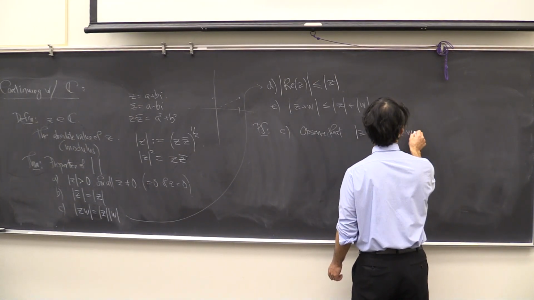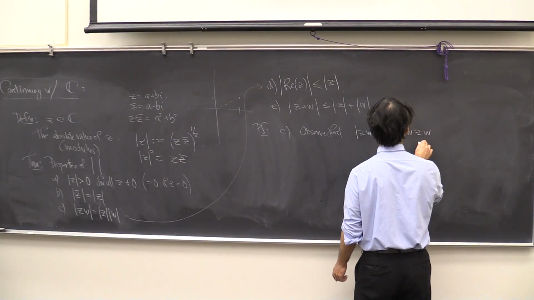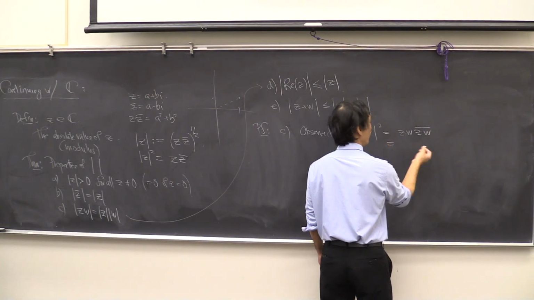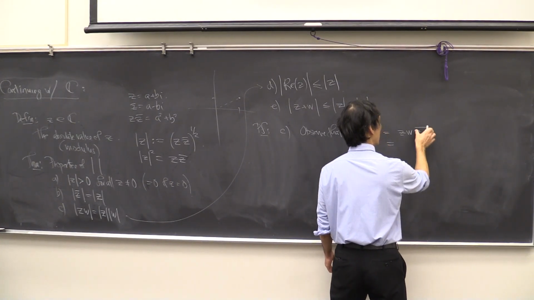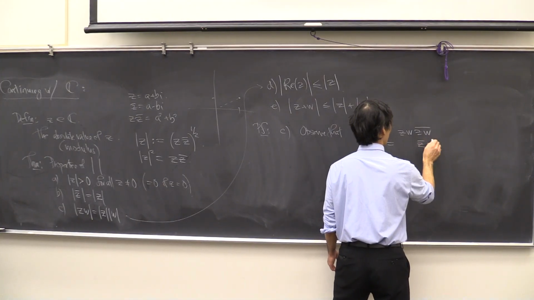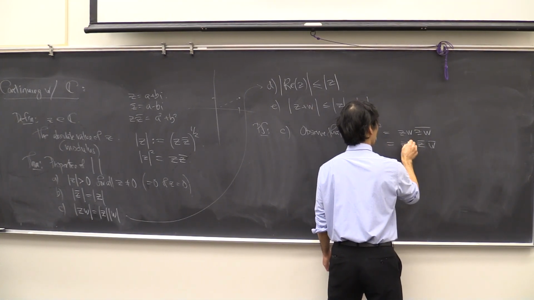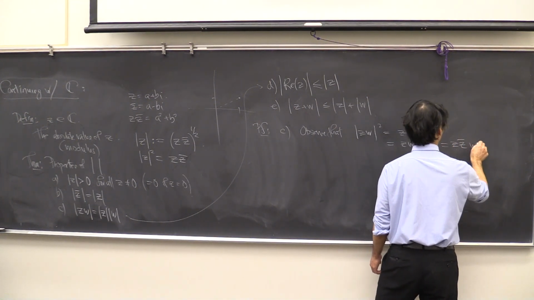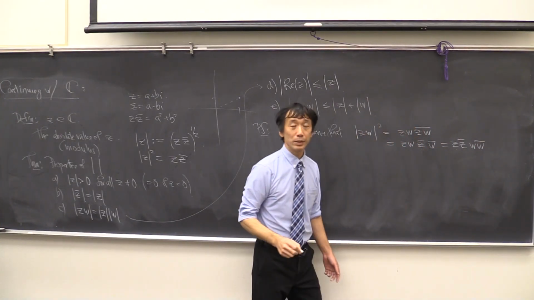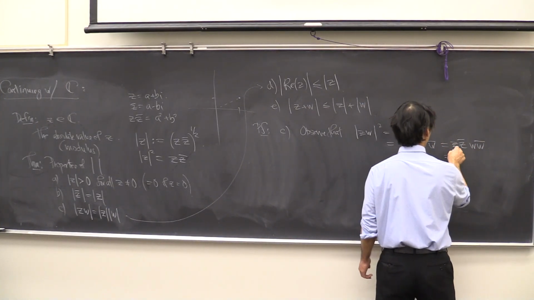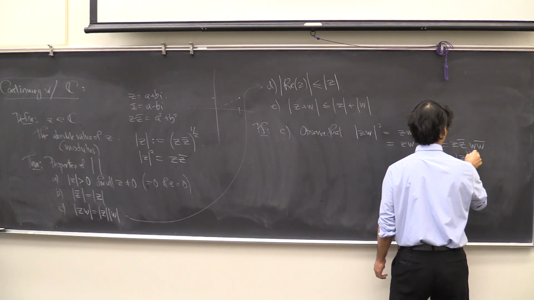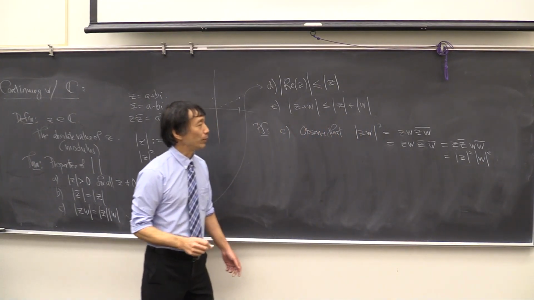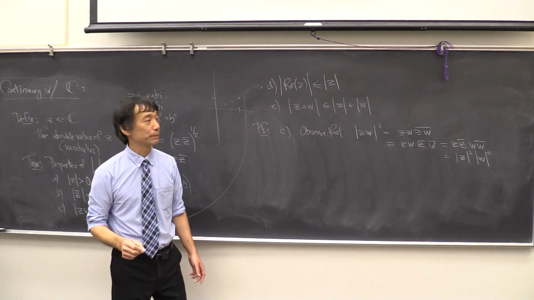So this is just this guy against its conjugate. But as we mentioned last time, the conjugate of a product is the same thing as the product of the conjugates, right? And you can, of course, reorder this and then see that you get the product of the squares of the moduli.